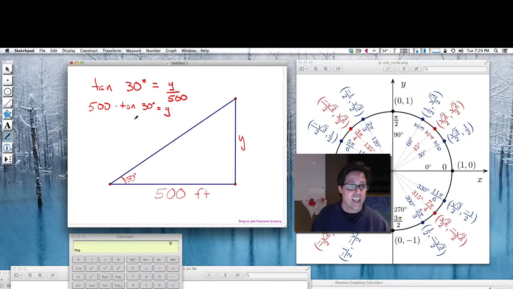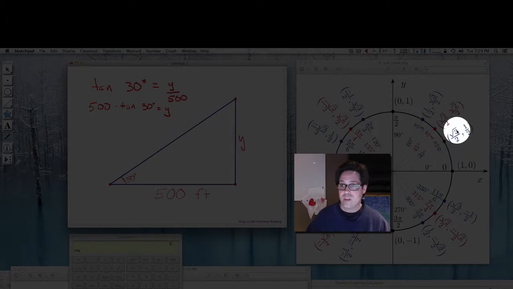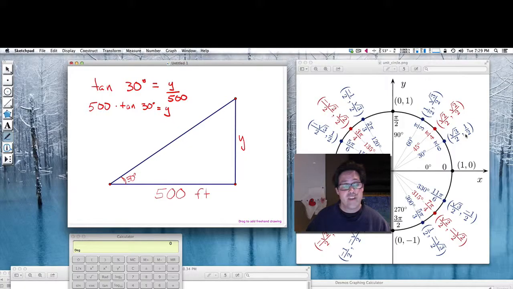Now we actually have to calculate tan 30. If you go over to your table, you'll see that tan 30, which is the same as pi over 6, is one of the few angles that we can know directly from a table. It is the same thing as 1 over radical 3.